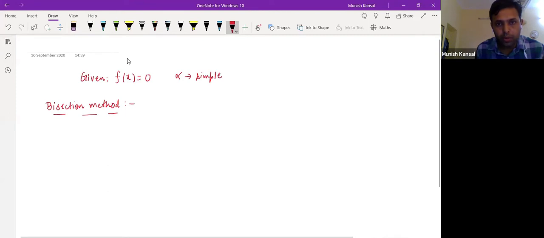Let us call that root alpha. Here alpha is our simple root. You already know the definition of simple root: f(alpha) is 0, but f'(alpha) is not 0. The bisection method is based on the intermediate value theorem.